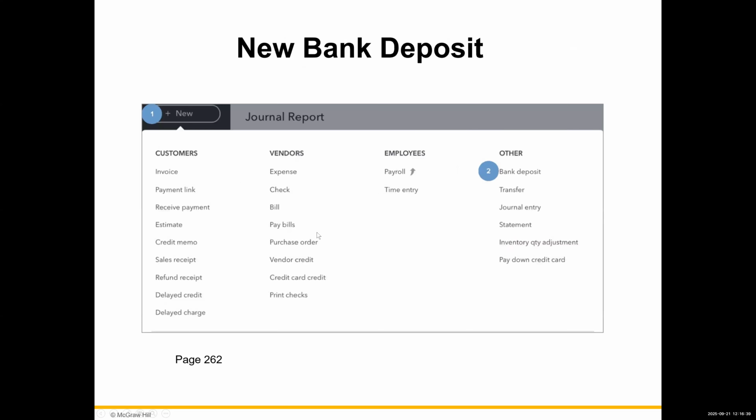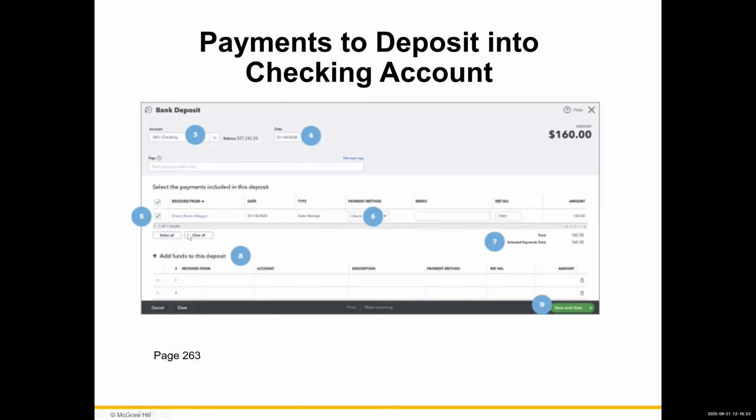So this is what we'll do. Again, instead of the new icon button, you're going to go the create icon button, go to bank deposit. And then once you're there, you put, well, what account am I depositing that money to? Well, in this case, it's the checking account.